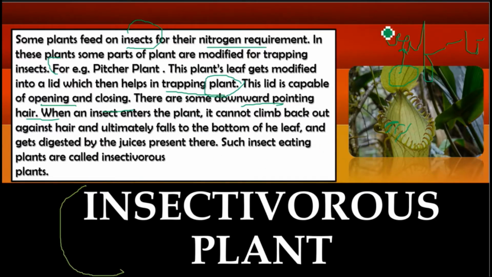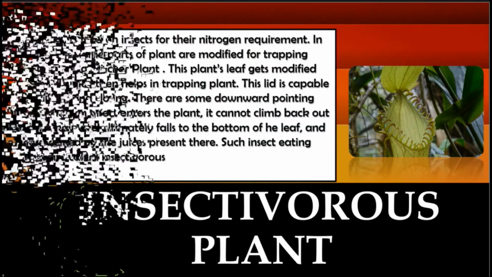So now when an insect enters, suppose this is an insect and it is entering this pitcher plant, then because of these hairs it cannot climb back against the hairs, and ultimately it falls to the bottom of the leaf, and then it gets digested by the juices present there. Such insect eating plants are called insectivorous plants.